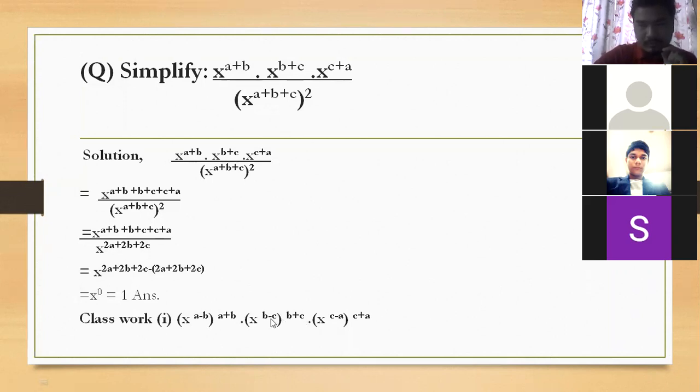B square minus c square. Absolutely right. And when you multiply c minus a with c plus a, what will you get? C square minus a square. Very good. Then all the powers will be added and its answer will come x to the power 0, means 1. Yes, sir. Okay, I'm proceeding to the next slide.